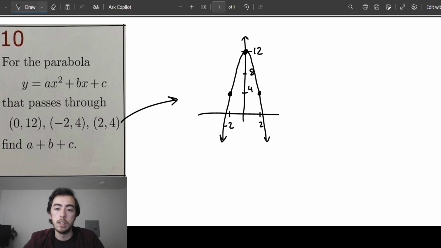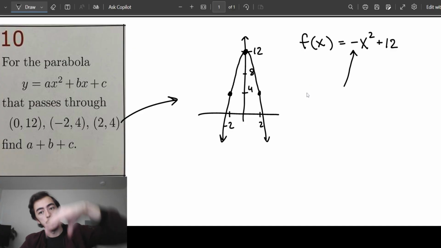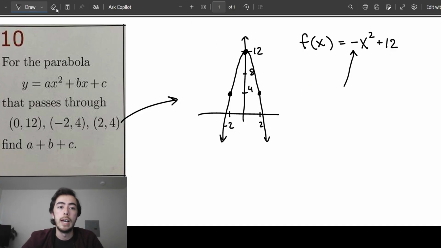So let's see. My first inclination is that this is just going to be, I'm using function notation right now, f of x equals -x squared plus 12. And the reason why I'm guessing this is that this negative sign, I'm putting it here because the parabola is facing downward, or opening downward. And I know that if I plug in a 0 into my function right here, this value is going to be a 0.